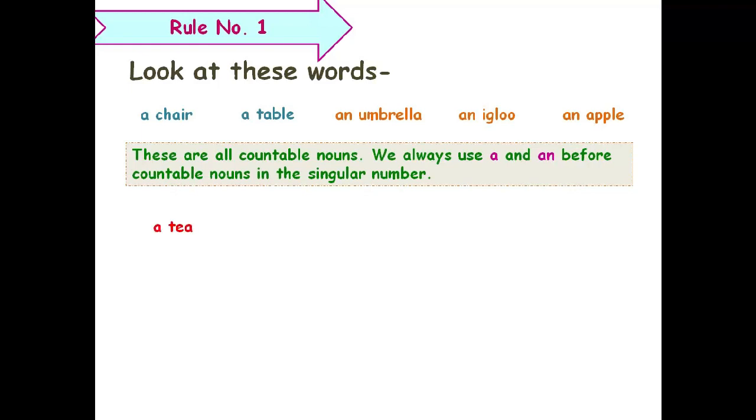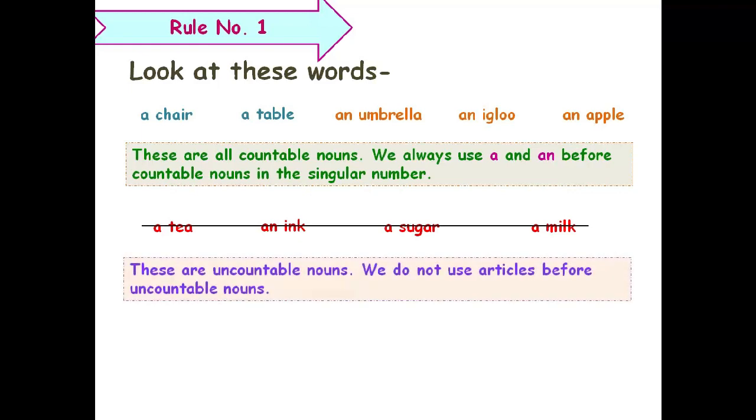But now if I say a tea, an ink, a sugar, a milk, is this correct? Does it sound correct to you? No, it is not correct. These are all wrong. Why is it wrong? Because these are uncountable nouns and we do not use articles before uncountable nouns.